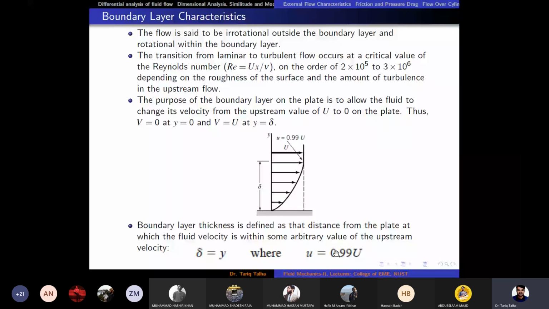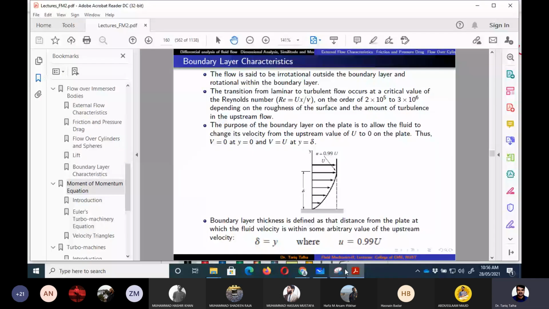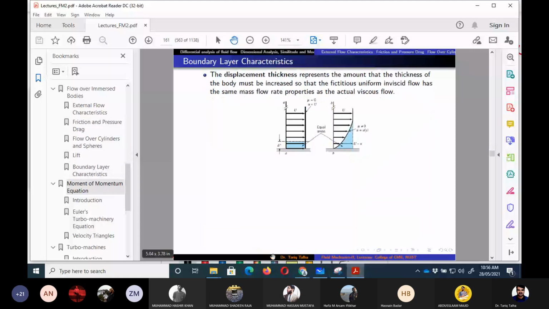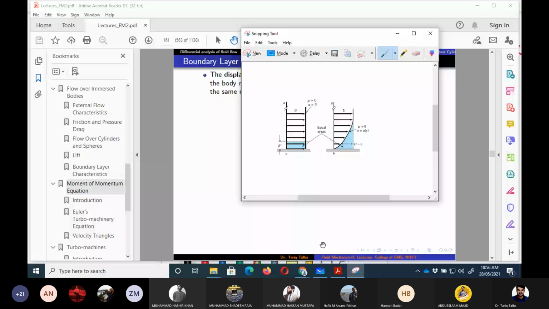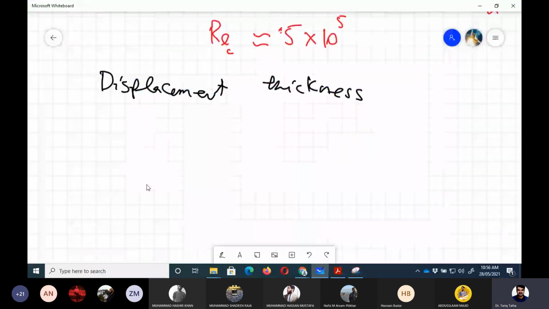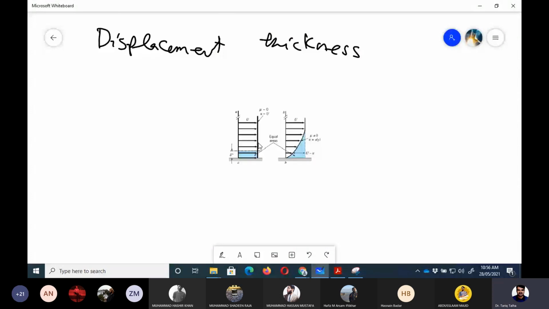So now let me take that figure. Okay, let me copy it and then I will explain it here. What is displacement thickness?